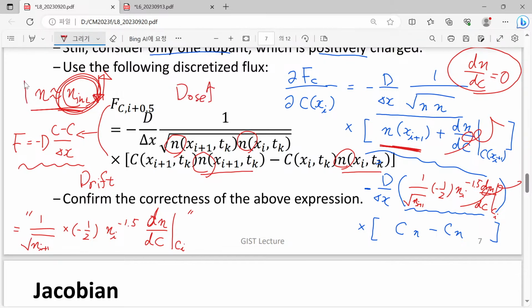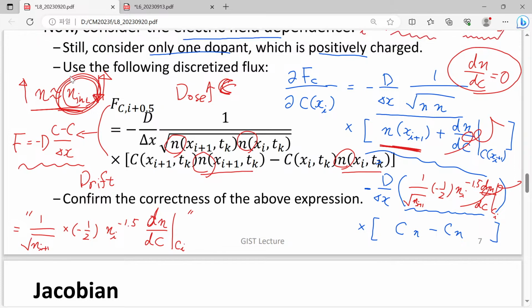Increasing dose increases your electron density, your C value. Then you have more chances to have a difference in the position dependence of your electron density. So please note the driving force of your calculation.